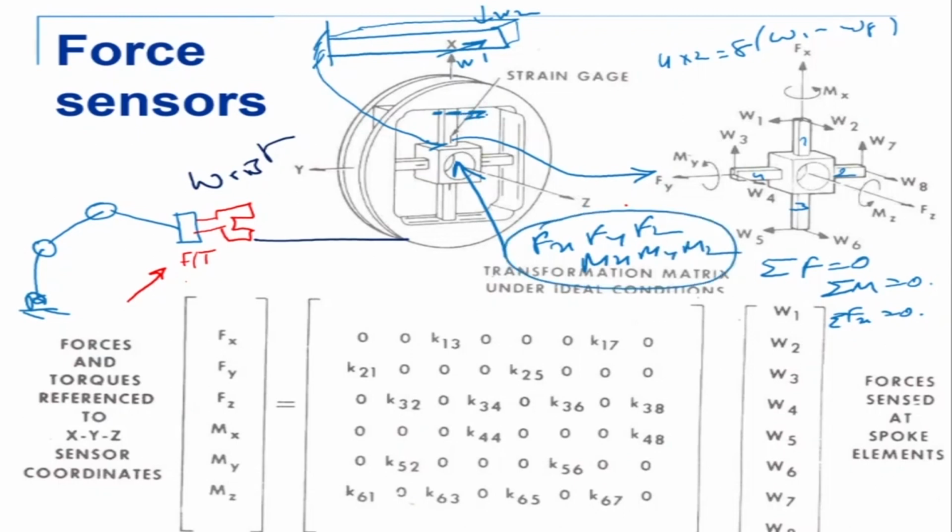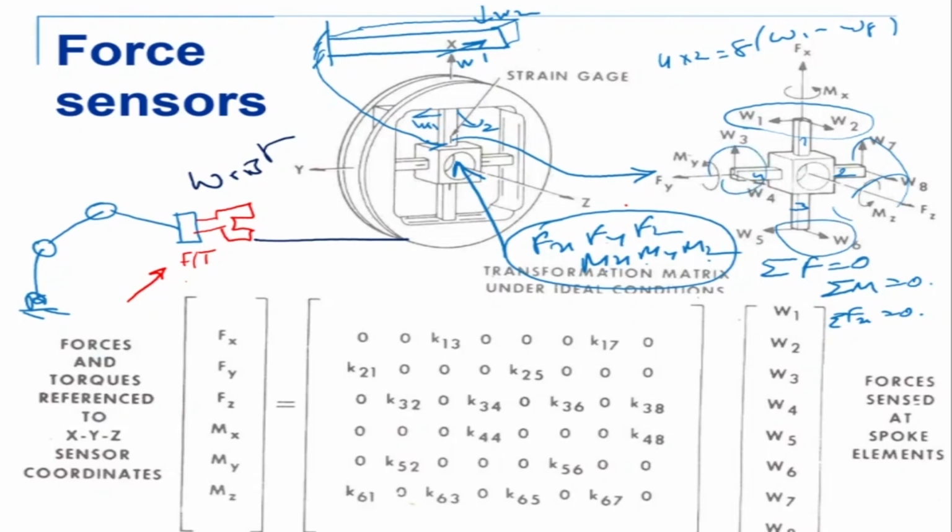This is my W2 and that is my W1. So I need to find the relation between the external Fx, Fy, Fz, Mx, My, Mz and the internal forces W1, W2, W3, which are the relation between them.